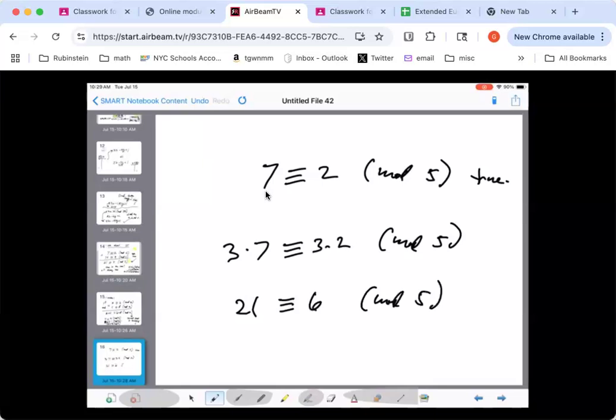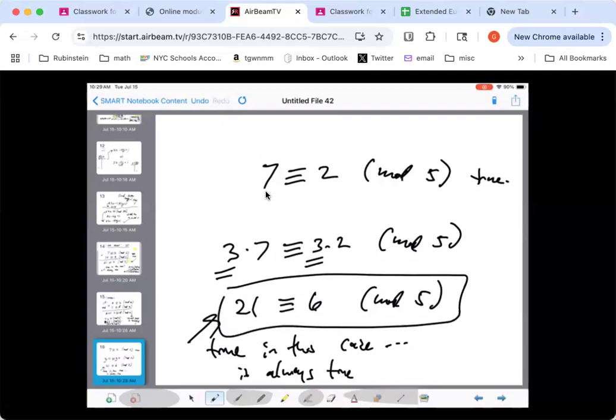So here I tried to multiply both sides of the congruence by something, in this case 3. So is it true in this case? And do you suspect it's always true?